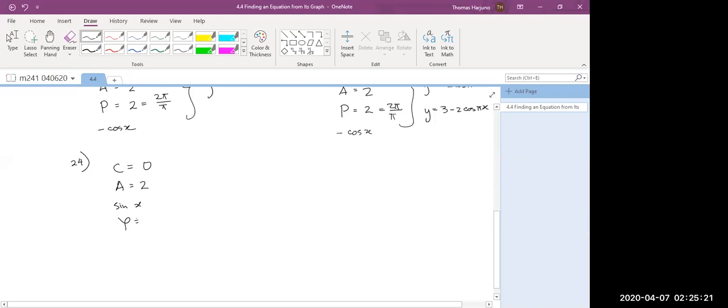Where do you start? Pi over 6. How about the period? Not 5 pi over 6. The period is 5 pi over 6 minus pi over 6. That's 4 pi over 6, that's 2 pi over 3.